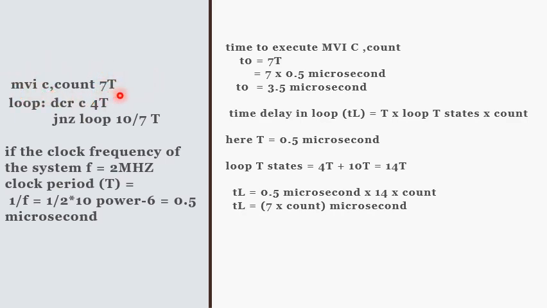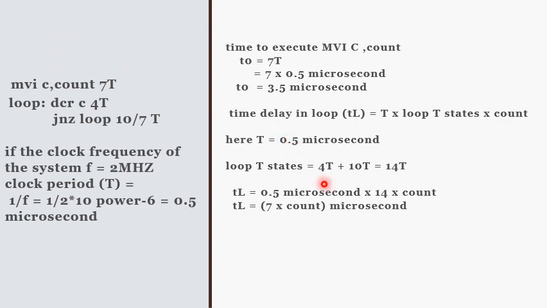So 14 into 0.5 into the count value. How long? Until the count value becomes 0. So 14, which is 4 plus 10, into T, where T is the clock period, into how many times? Till the count value.